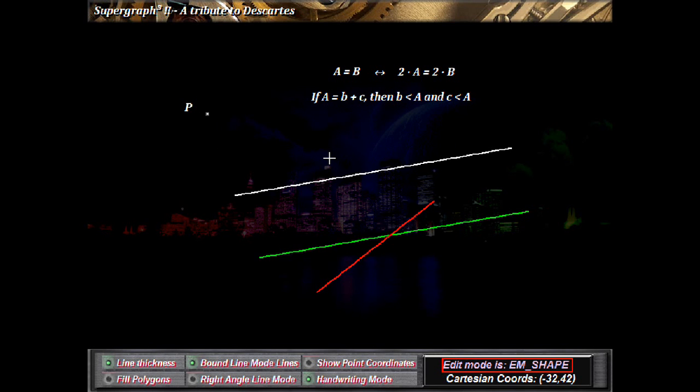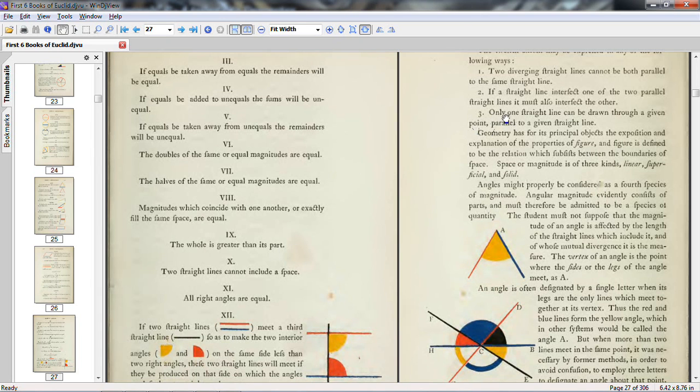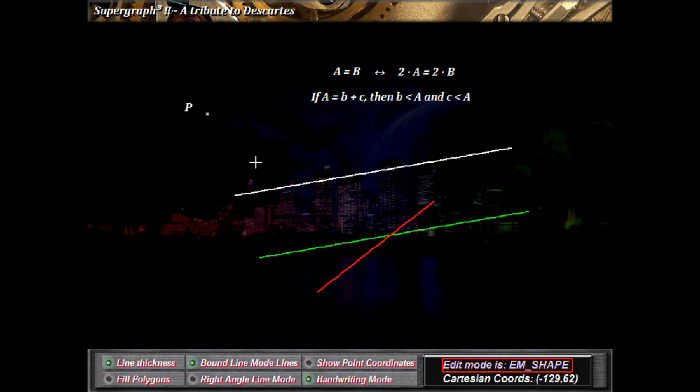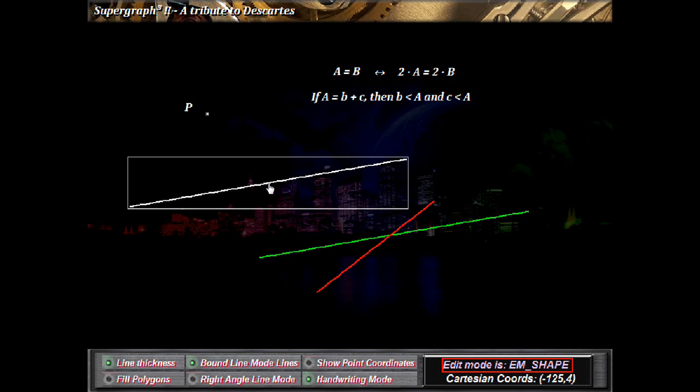Given a point P, only one straight line can be drawn through the given point which is parallel to another given straight line. So we have a given straight line. Let's take this one as the given.